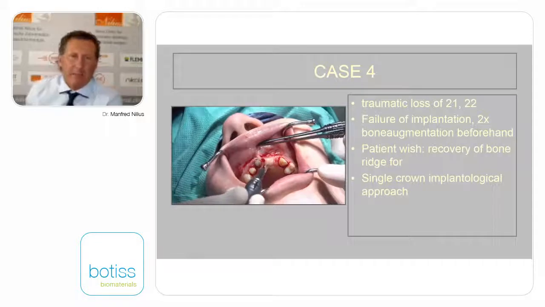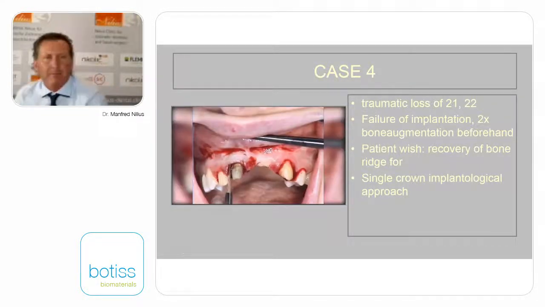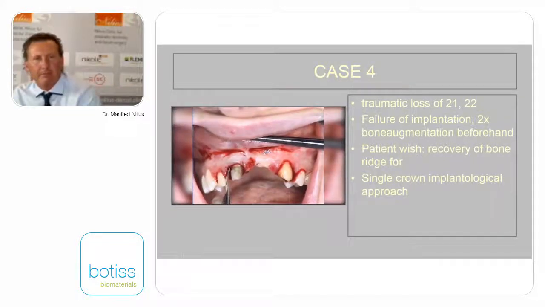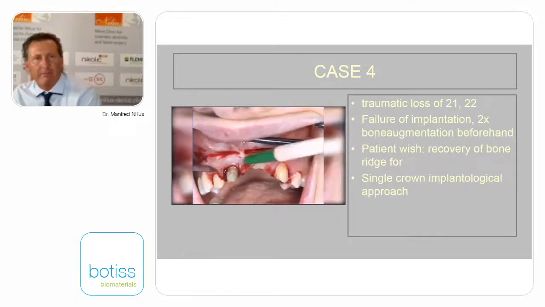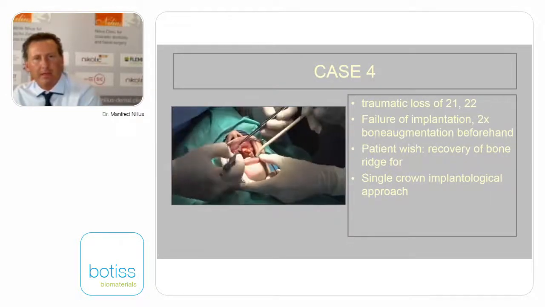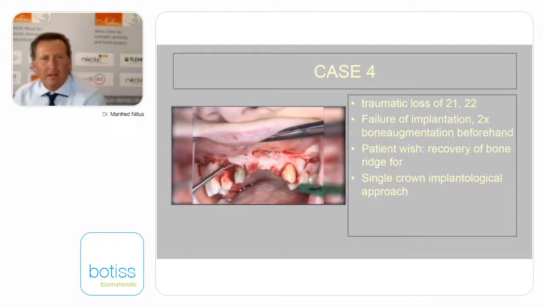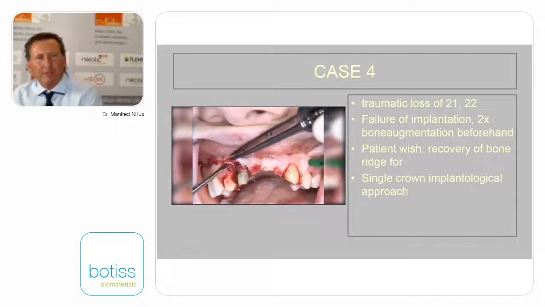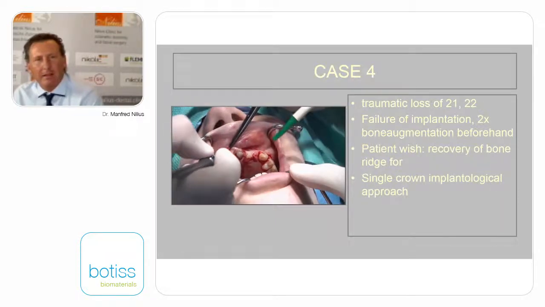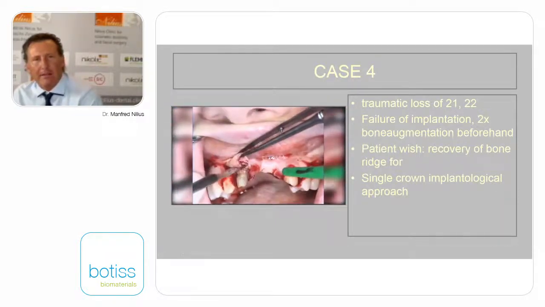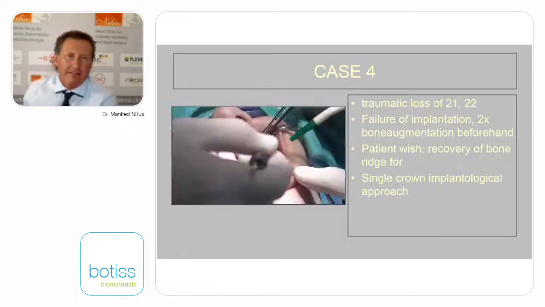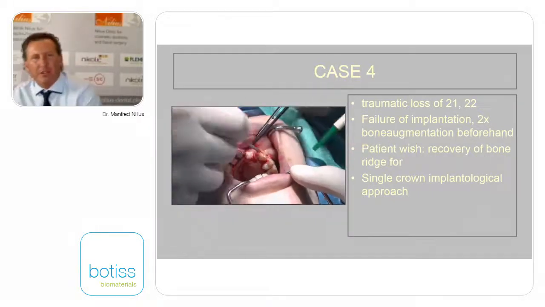As well here, palatal incision, lateral incision, soft tissue movement, and in the middle there is not a very good soft tissue condition.